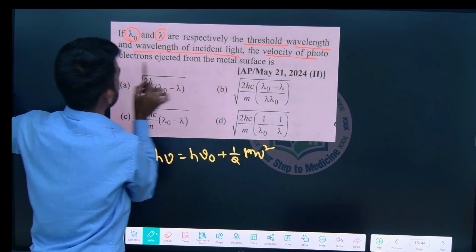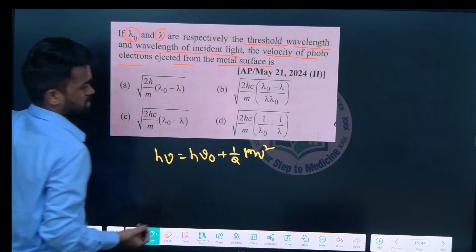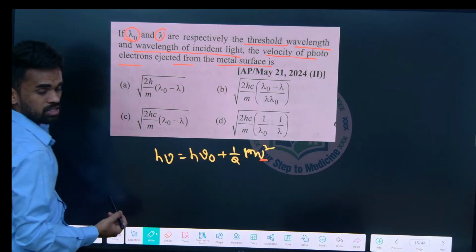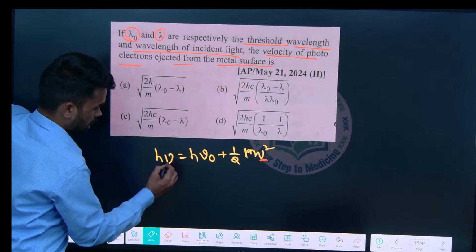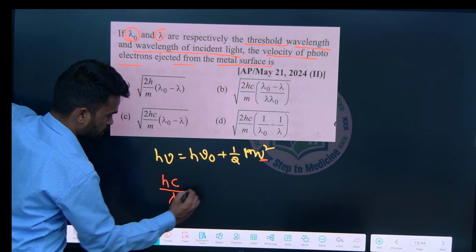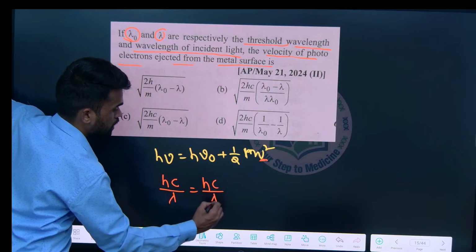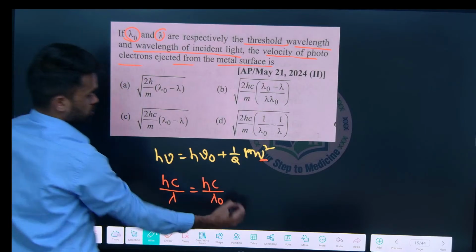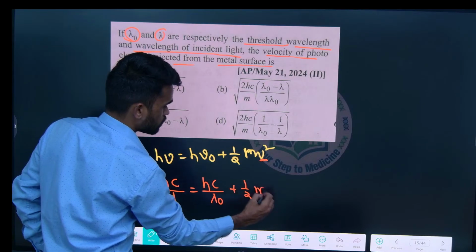The velocity of the photoelectron ejected from the metal surface, it means this v they are asking. So now I am converting this into hc by lambda, and this is hc by lambda naught. Now this is half mv square.